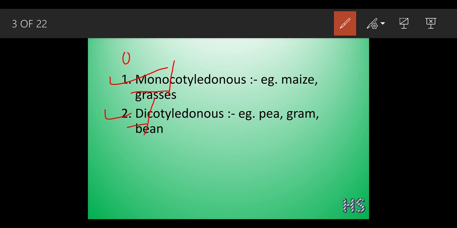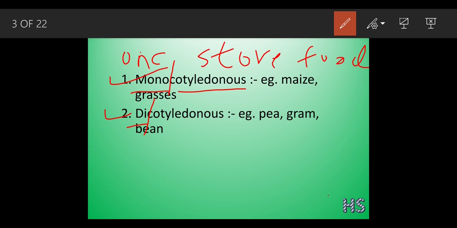One. And what do cotyledons mean? Cotyledons are the structures in which the seeds or grains store food. Cotyledons help to store up the food, and di means two.